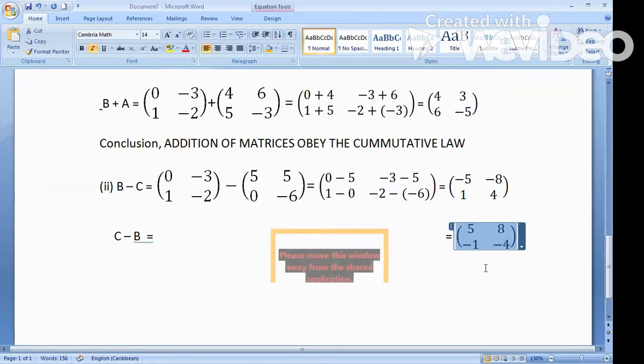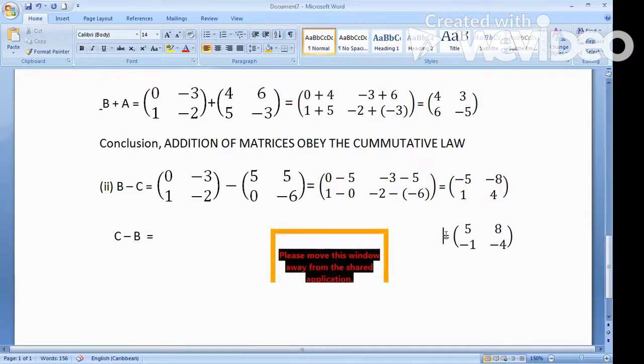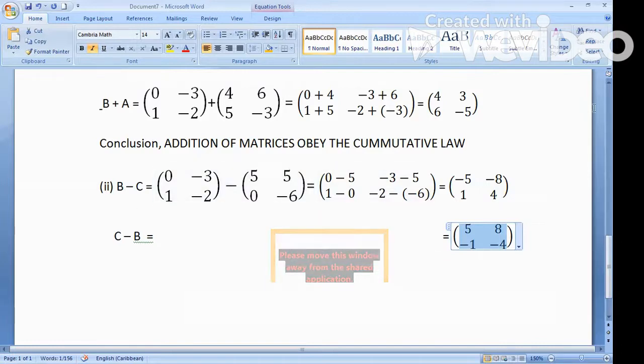Yes, sir. If you get that, it means that you're correct. Very good. All right, excellent. So what do you notice? The numbers are the same, but the signs are different, not true? Yeah, technically they're different. So what you notice is when you flip around the values of the matrix, the numbers are different.